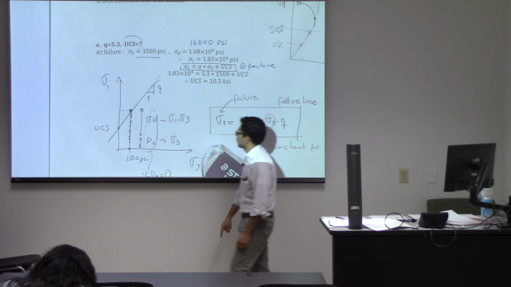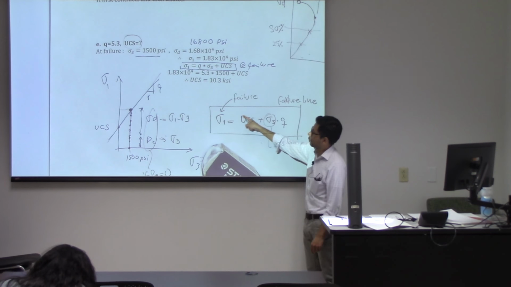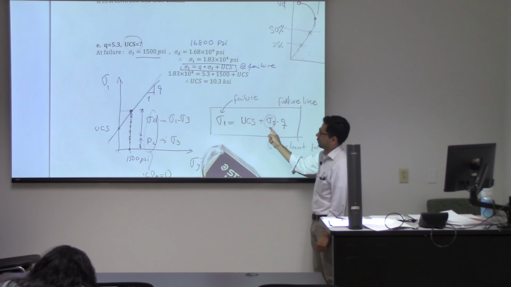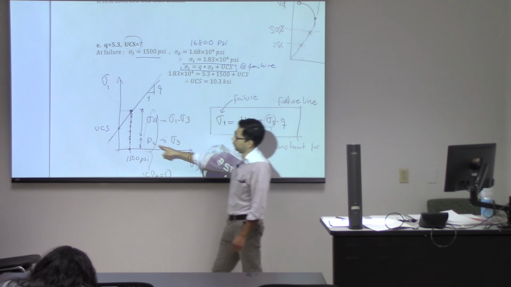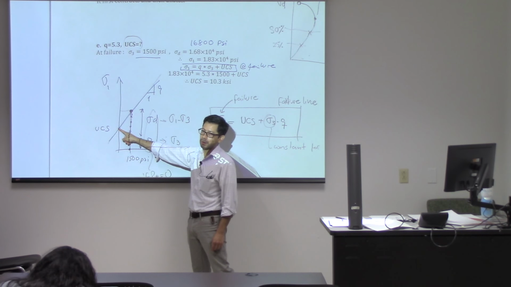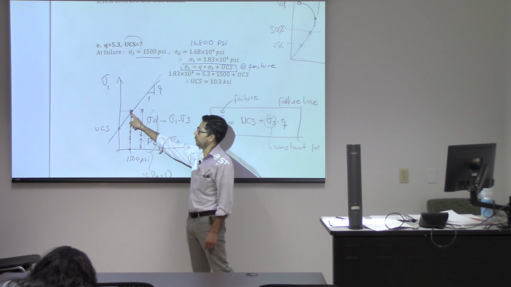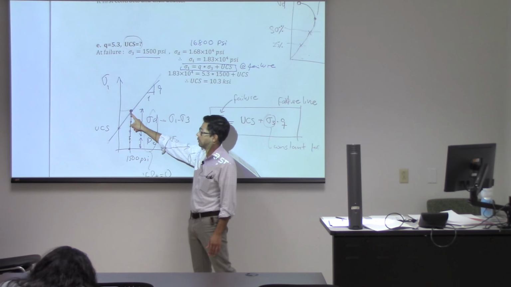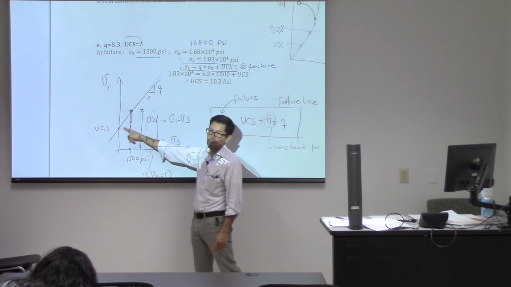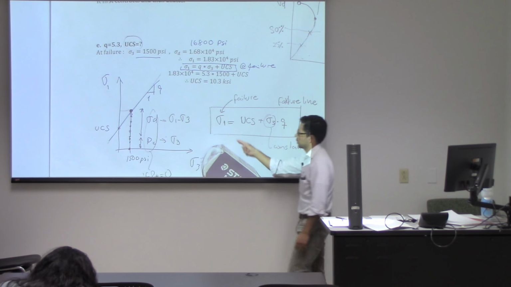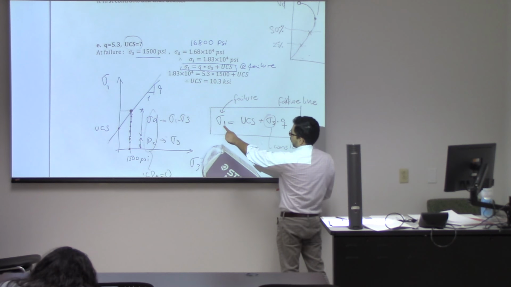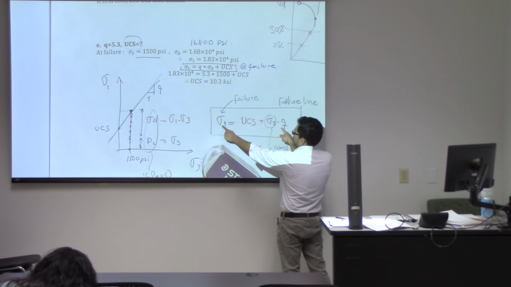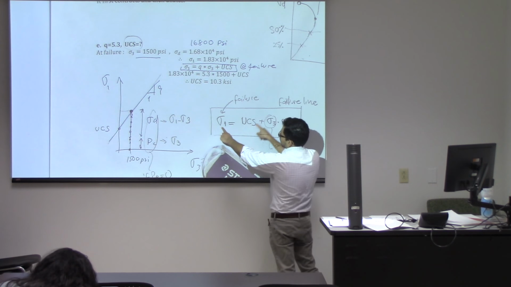So in this equation of a line, you know one point of the line and you know its slope. But that point of the line happens to be that point here where sigma 3 is equal to 0. But now you know a point for sigma 3 which is not equal to 0, and you know its slope, but it's still the same equation. So you know sigma 1, you know sigma 3, you know q, the only unknown is this one.